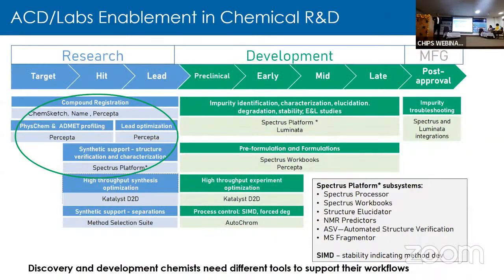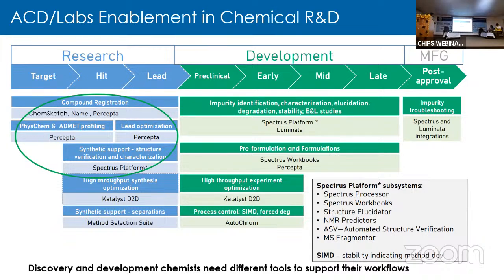Any drug discovery starts with three phases of development. First is the research phase, then the development phase, then the manufacturing phase. In the research phase, one has to decide which molecule is being targeted, synthesize it, characterize it, and do the naming and registration.